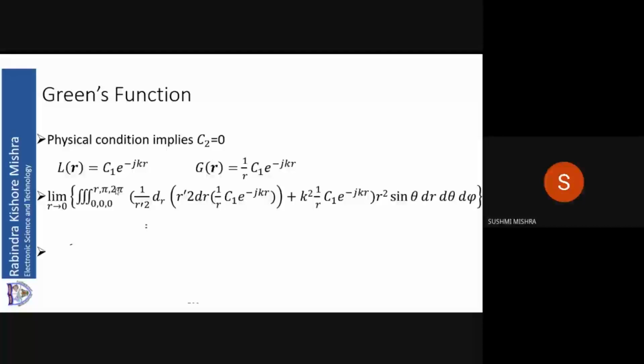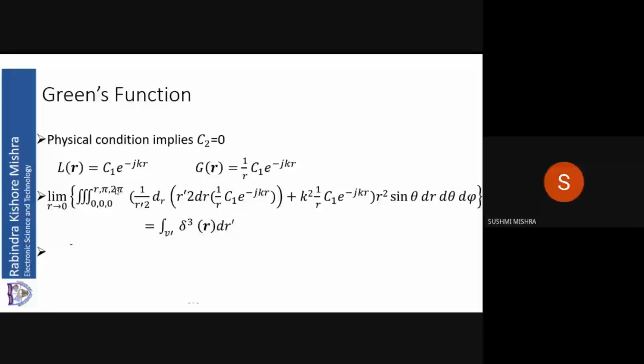For r, the limit is from 0 to r. For theta, the limit is from 0 to pi. For phi, the limit is from 0 to 2 pi. So I have to take a triple integration on the left hand side as well as on the right hand side.